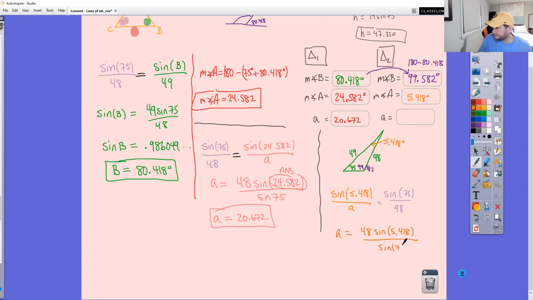Here it is. Okay, just hit the buttons on that. Sine of 5.418 times 48 divided by sine of 75. 4.692.